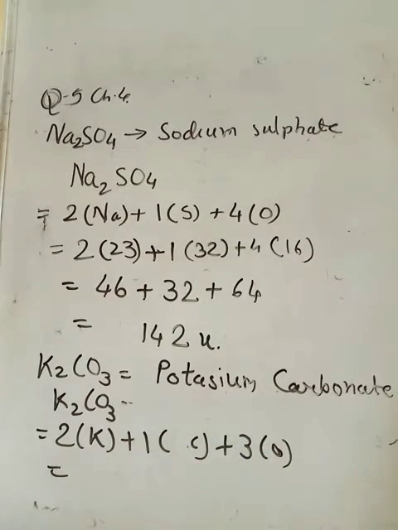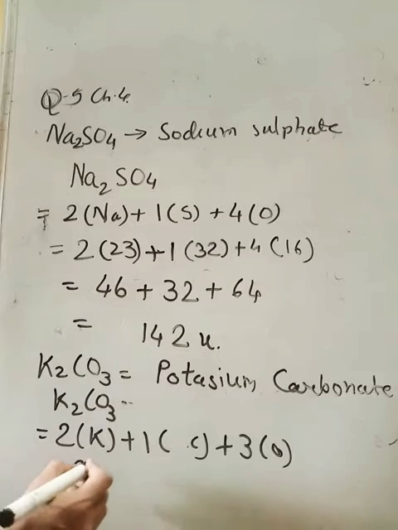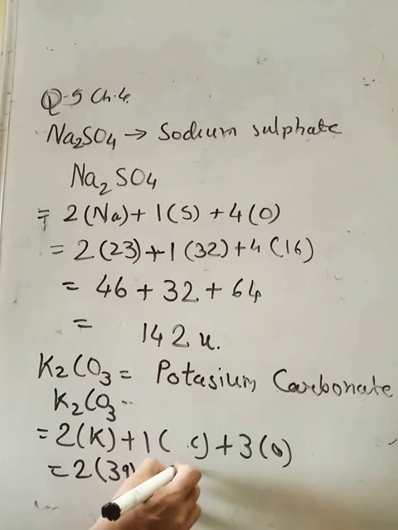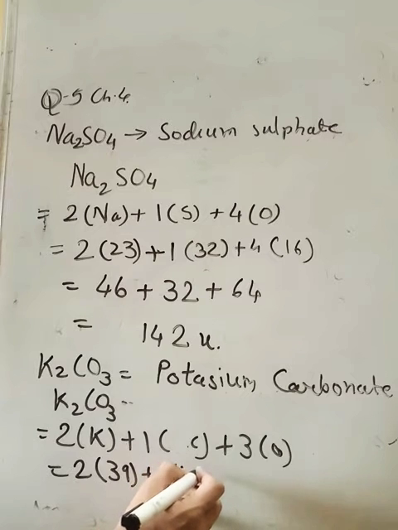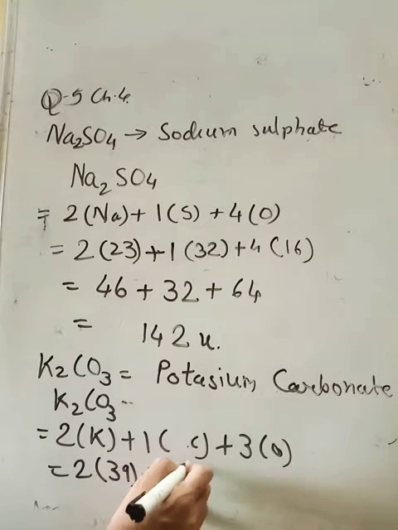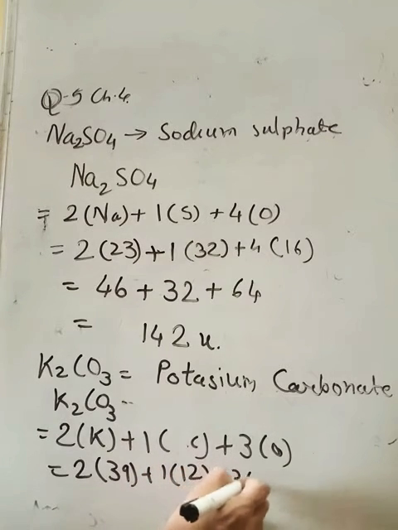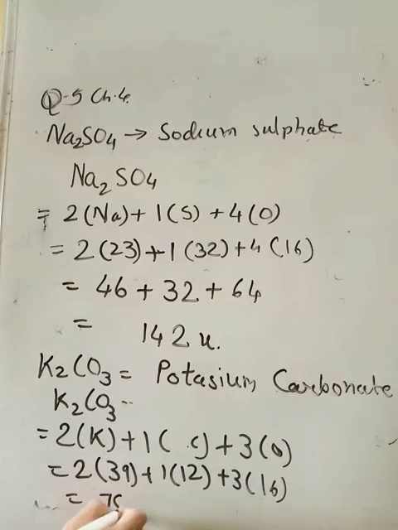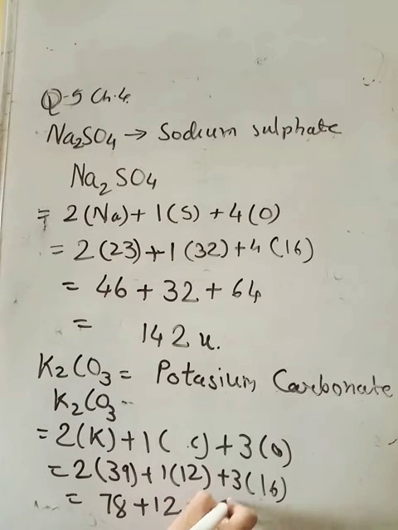Now let us find out the molecular mass. Potassium is 39, carbon is 12 and oxygen is 16. So 39 twos are 78 plus 12 plus 48.